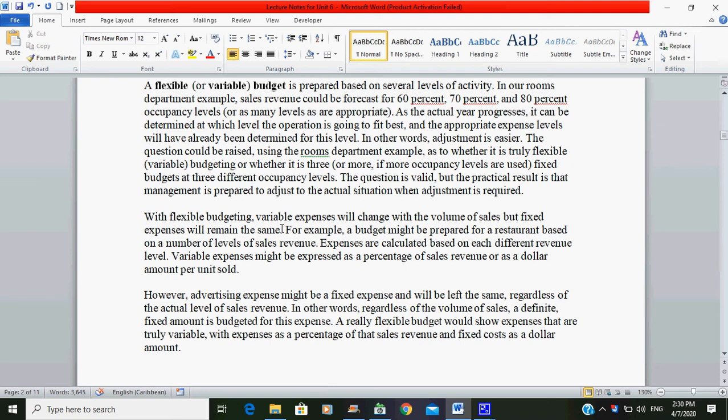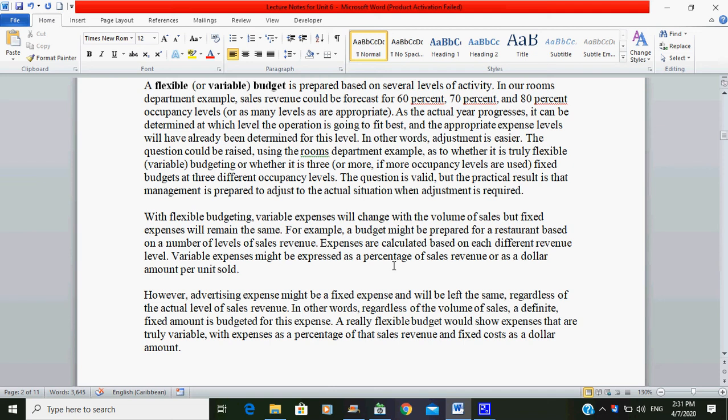For example, a budget might be prepared for a restaurant based on a number of levels of sales revenue. Expenses are calculated based on each different revenue level. Variable expenses might be expressed as a percentage of sales revenue or as a dollar amount per unit sold.